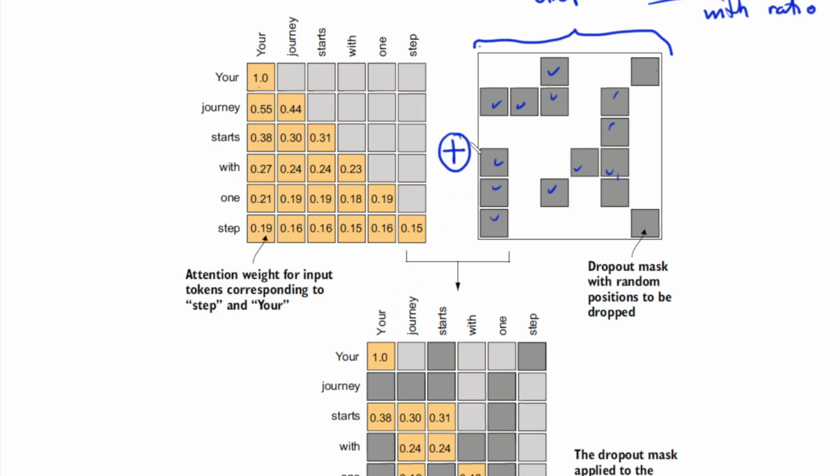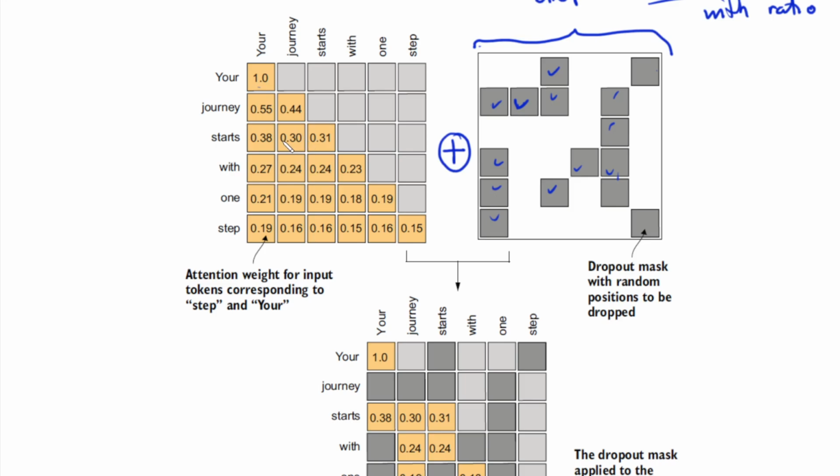So as you can see, this one is safe. The one next to it, it was a gray, but it's still safe. Then in journey, they are not safe. These 0.55 and 0.444 are not safe from dropout. So they get dropped out.